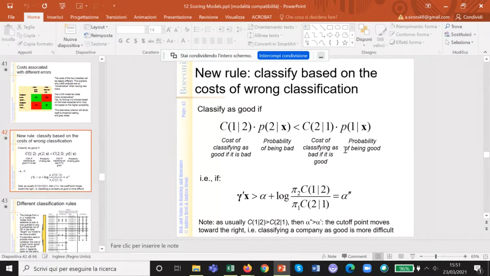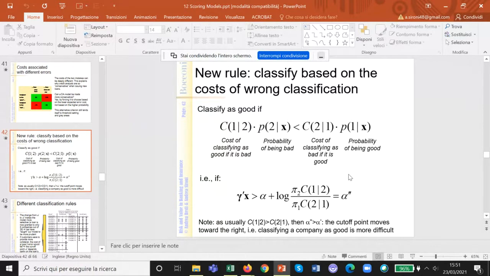Now, in this case, the rule would be classifying companies based on the expected cost of the two errors. And basically, the expected cost of the two errors is a function of the two types of errors, i.e. the cost of classifying as good if it is bad, and the cost of classifying as bad if it is good, but also the probability of being bad and being good, which are the two mentioned probabilities, okay?